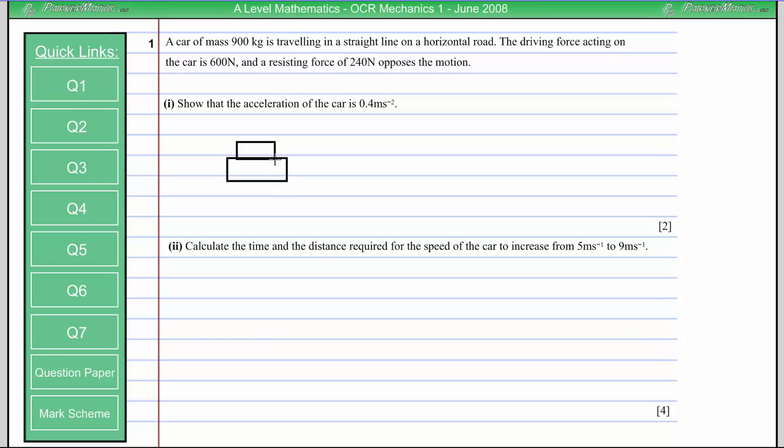So here's the car, and it's got a mass of 900 kilograms. And we have a driving force of 600 newtons, so we'll do that in a forwards direction. And we have a resisting force of 240 newtons in the opposite direction.